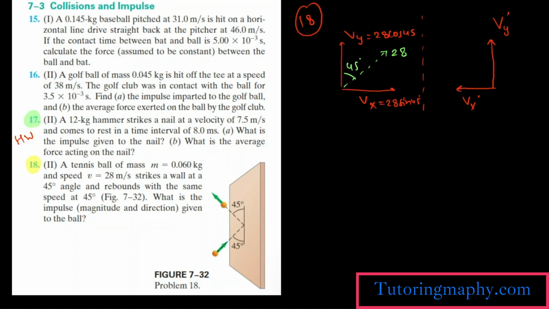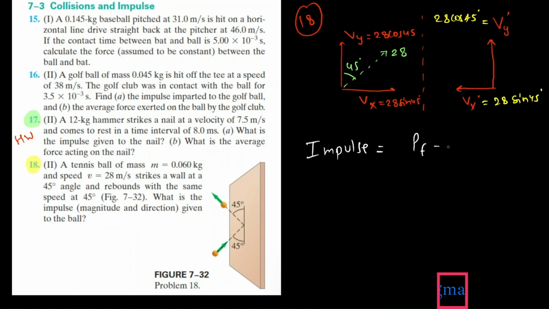Makes sense? Yeah. And likewise, can I say that this is also 28 sine 45 and this is also 28 cosine of 45? Now remember that we need to find impulse. What is impulse, if you can remind me? Isn't that the change in mechanical energy? No, the change in momentum. So the change in momentum is nothing but the change in velocity, because mass is constant and comes out.